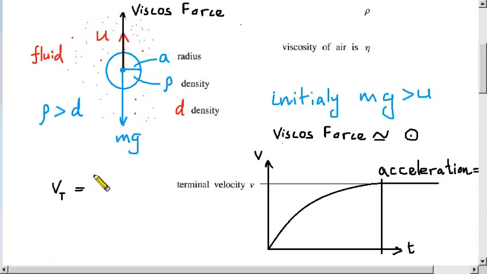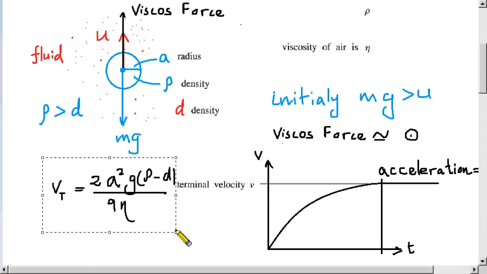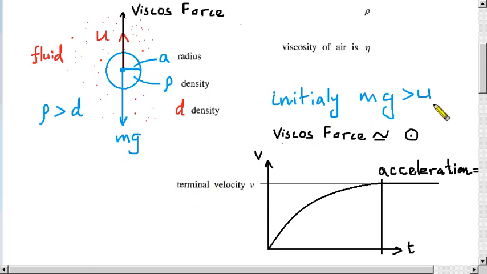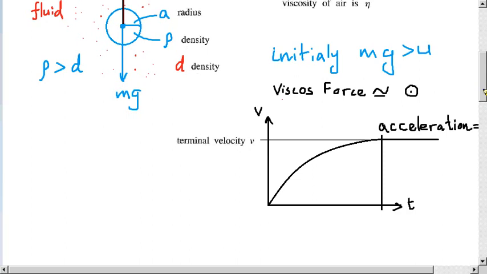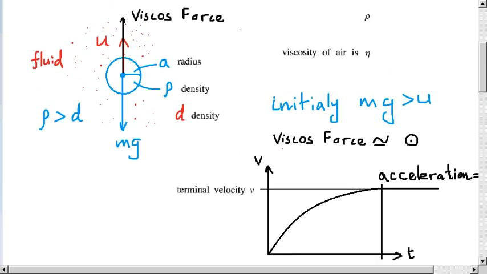That is given by the equation 2 a squared g (rho minus d) divided by 9 eta, where a means radius. That is the equation we are now going to derive. So at the terminal velocity, what happens at this time?